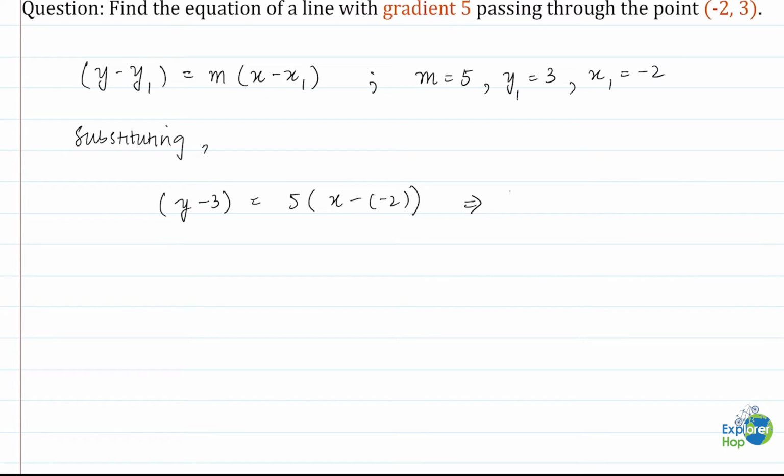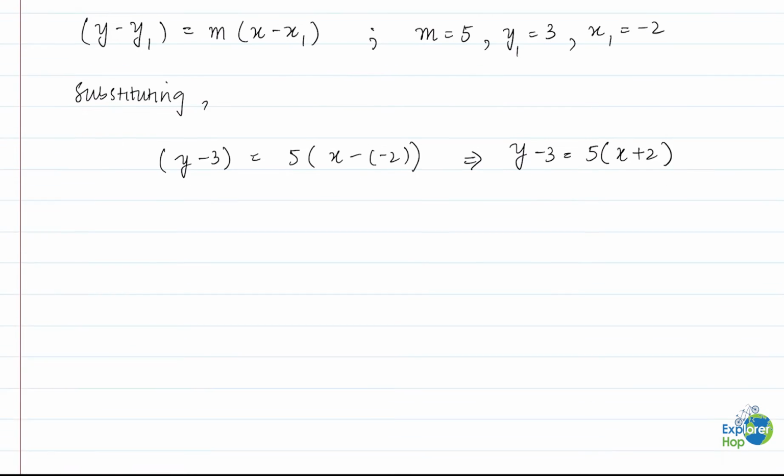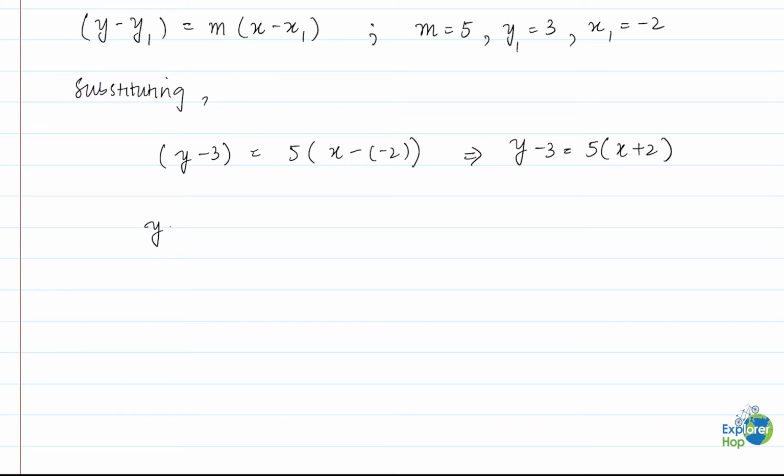And we'll simplify it and we'll get y minus 3 equals 5 times x plus 2, and y minus 3 equals 5x plus 10.